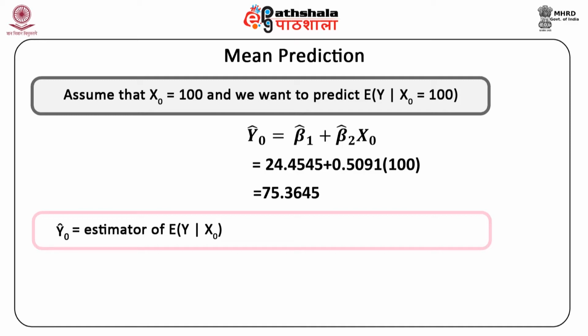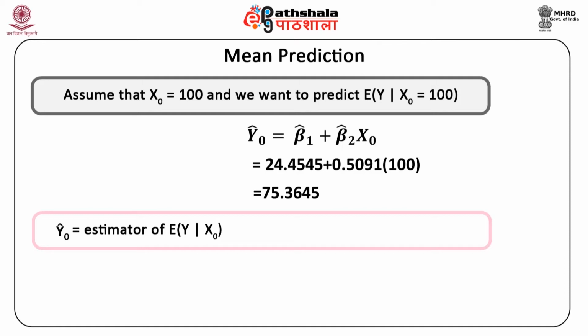Now it can be proved that this point predictor is the best linear unbiased estimator, known as BLUE. Since y0 hat is an estimator, it is likely to be different from its true value. The difference between the two values will give some idea about the prediction or forecast error.